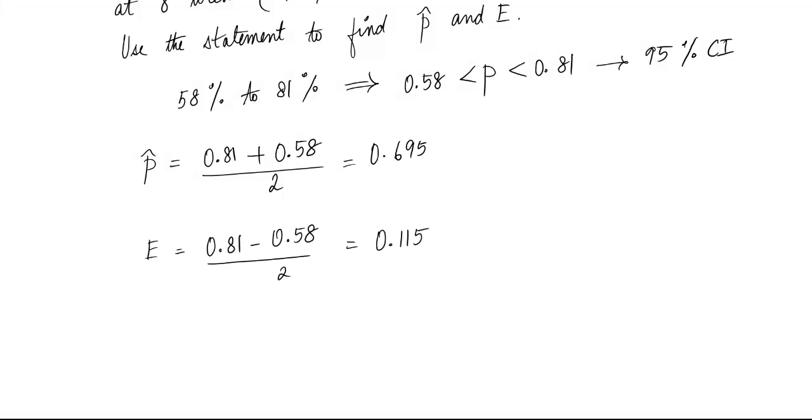Right? So this is the reverse of what we just did. In the previous problem, we found p hat and we found E, and we assembled them together as p hat minus E and p hat plus E. Here you're given the interval format, and you're asked to separately find out what p hat and E would be, and it's a breeze because the formula is very, very basic, super simple. Okay. And then we have one more part, which is to determine sample size.